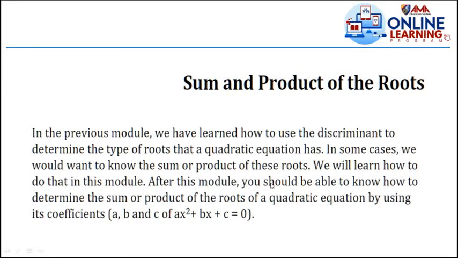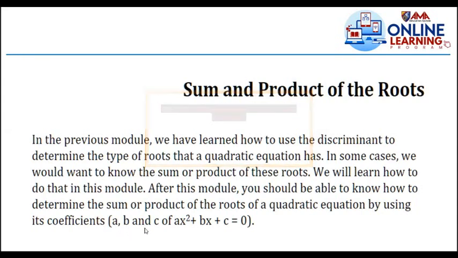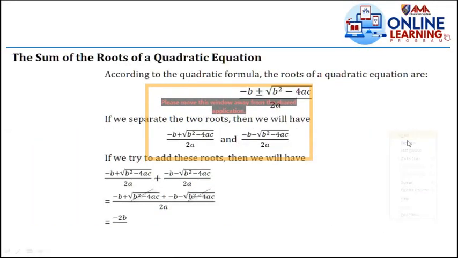After this module, you should be able to determine the sum or product of the roots of a quadratic equation by using its coefficients a, b, and c of ax squared plus bx plus c is equal to 0.